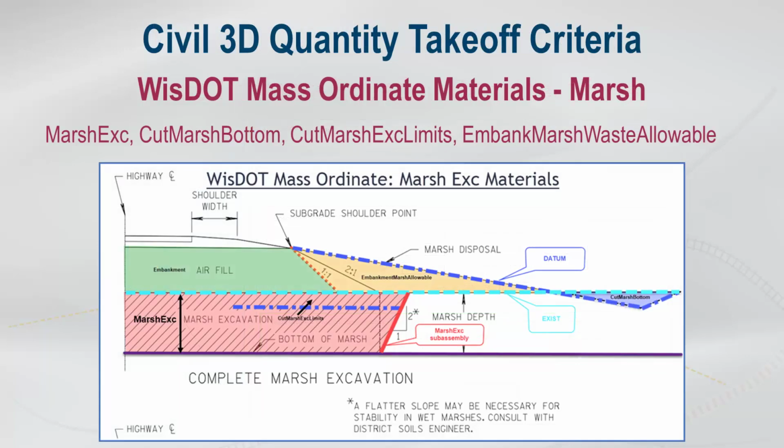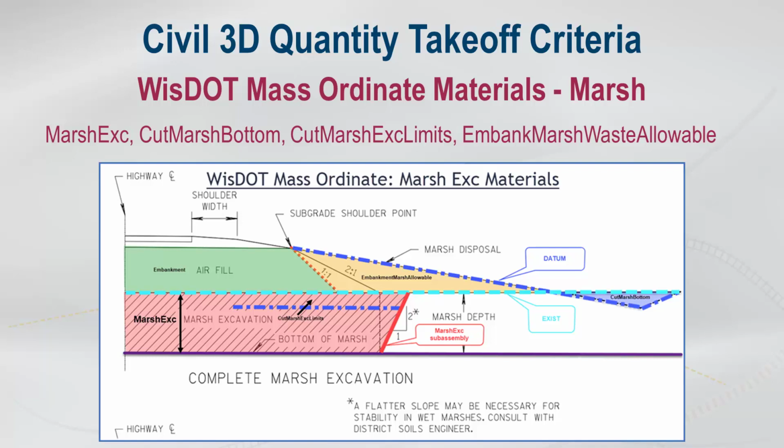Also, I would like to mention that if you're using EBS or marsh as fill, a comparison needs to be done between how much excavated marsh or EBS material there is versus how much can be used in fill on the project. And this is not an automated process. The total volume of EBS or marsh material that may be consumed or used on the project is based on the embankment marsh waste allowable material quantity.